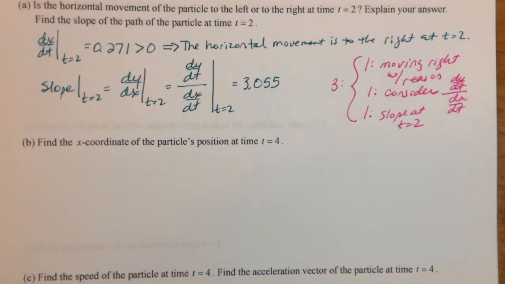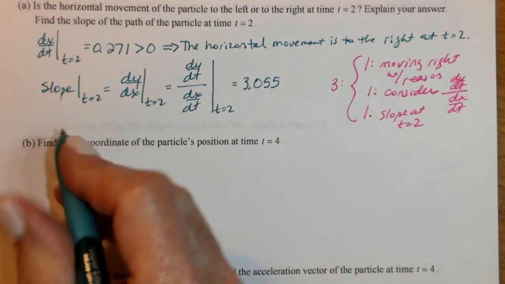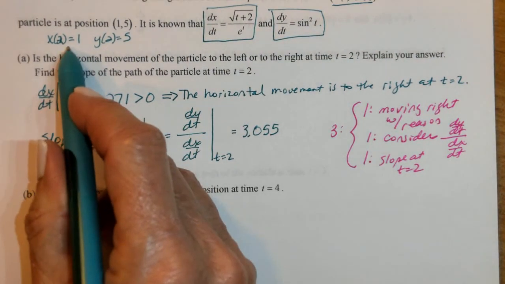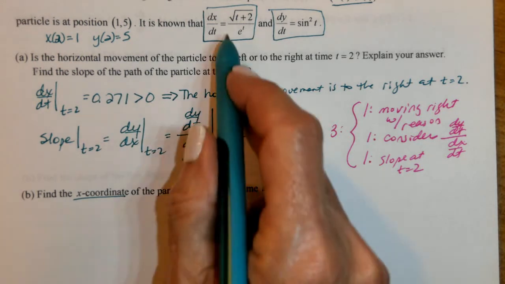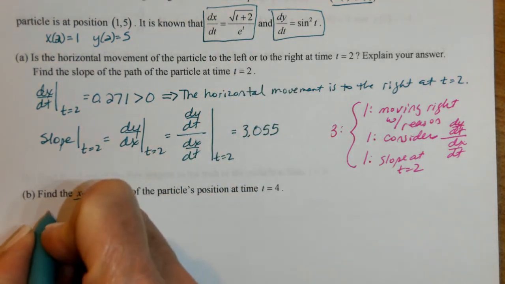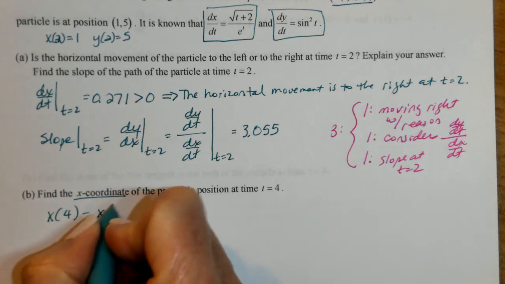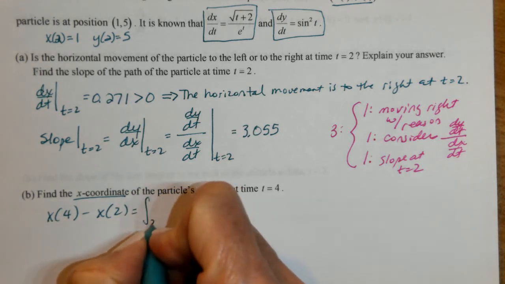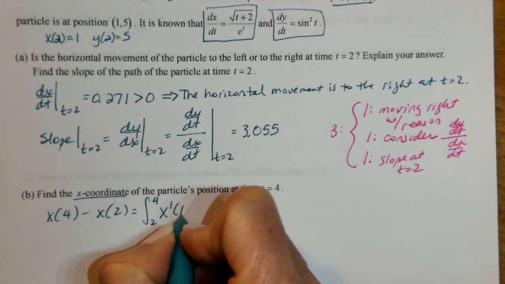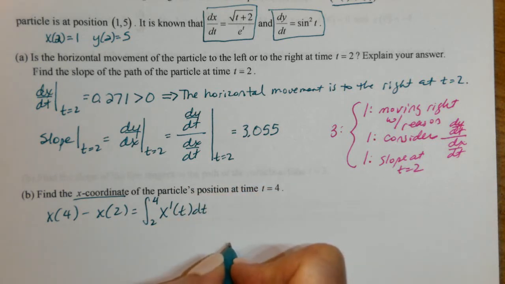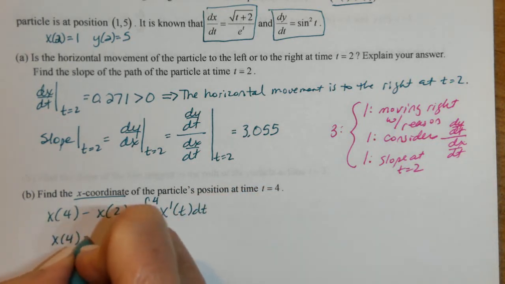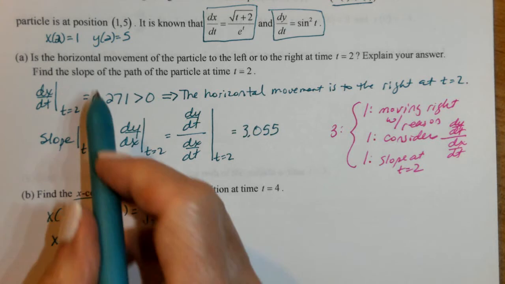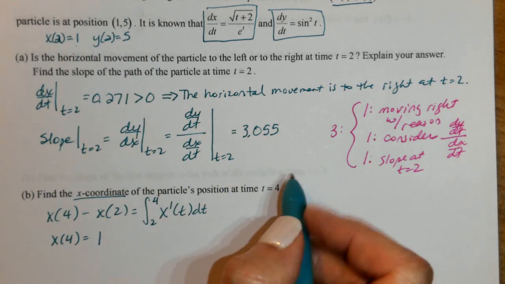Part B. Find the x-coordinate of the particle's position at time 4. Just the x-coordinate. So that's a little fundamental theorem using our initial condition and what we're trying to find with our slope. So x at time 4 minus x at time 2, I always put the larger time first, is equal to the integral from 2 to 4 of x prime, which we have the function for. So x at 4 will equal, I'm showing that I'm putting in my initial condition because that's usually worth a point.